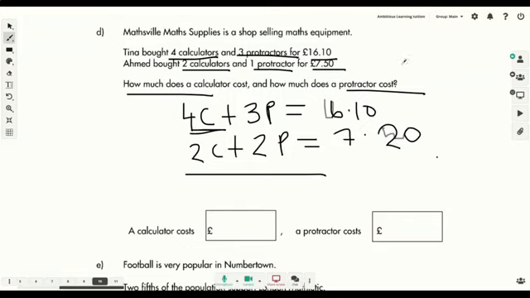So basically, you need to find out the cost of one calculator and one protractor. Let's find that this is what's given to us.